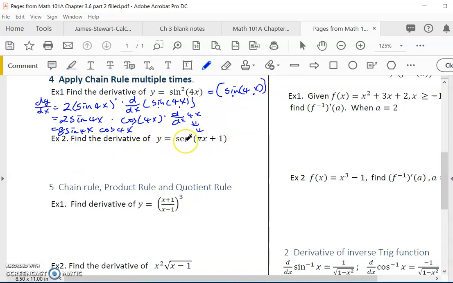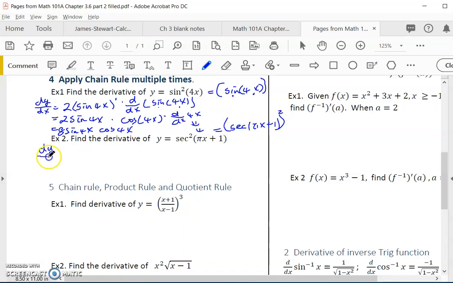I find the derivative of secant squared of pi x plus 1. The most outside is secant, not sine, secant pi x plus 1 squared, right? So I write it as secant pi x plus 1 and then square. So the most outside is a square function.